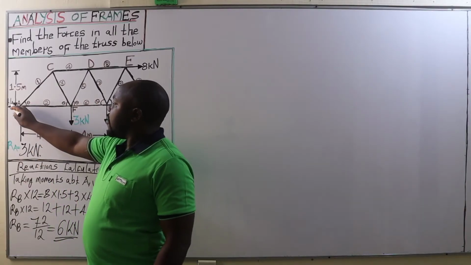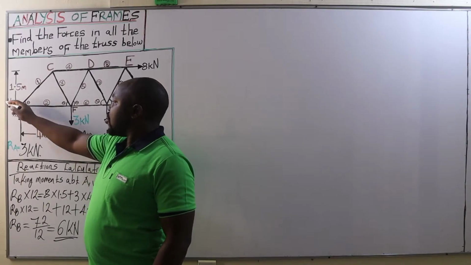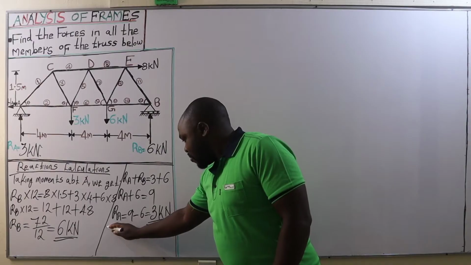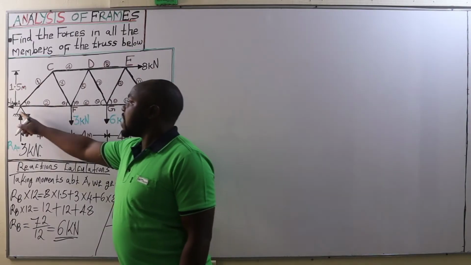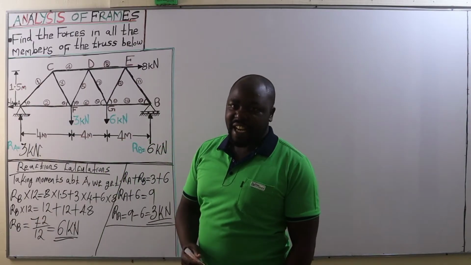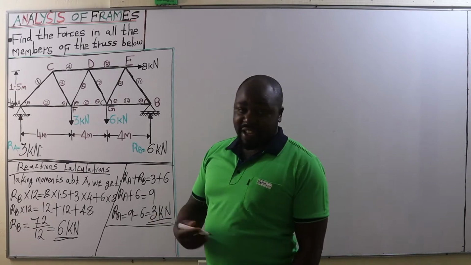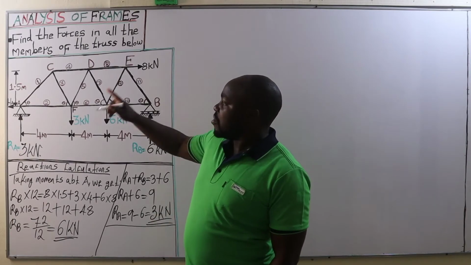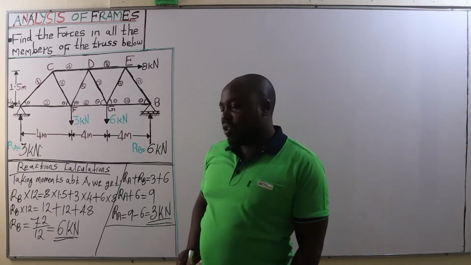We also need the value of this horizontal reaction. These two forces are acting in opposite directions, and their resultant is going to be 0, which means those two forces are equal.